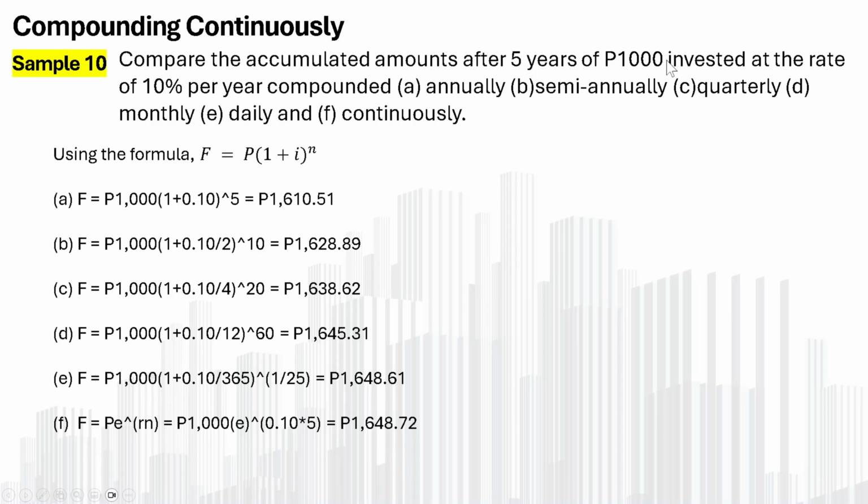So for example, A, that's gonna be annually lang naman. So F here will be yung future accumulated amount mo dito and P here is your principal which is 1,000 pesos. So yung period natin dito is 5 years and yung n times usually okay is n times m. Yeah, nakalimutan ko ilagay m dito. Okay?